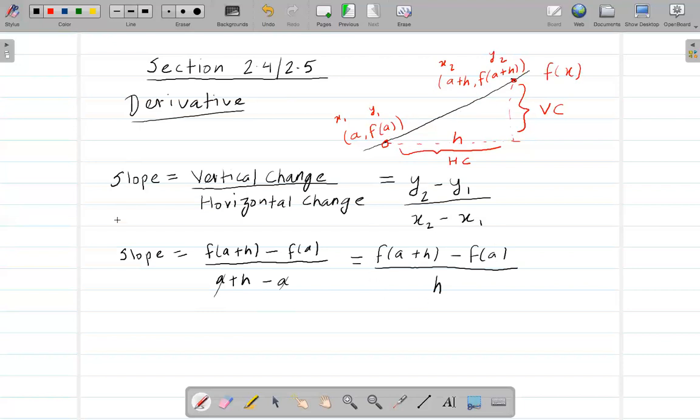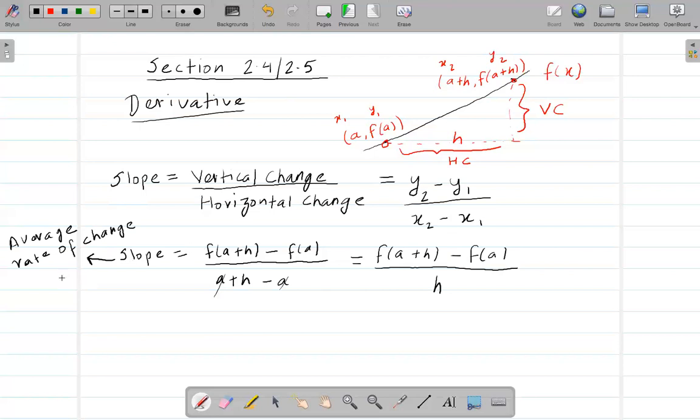All right, so the slope of this line, with these 2 points on the line, is this. And since slope is vertical change over horizontal change, we can also say the slope is the average rate of change.